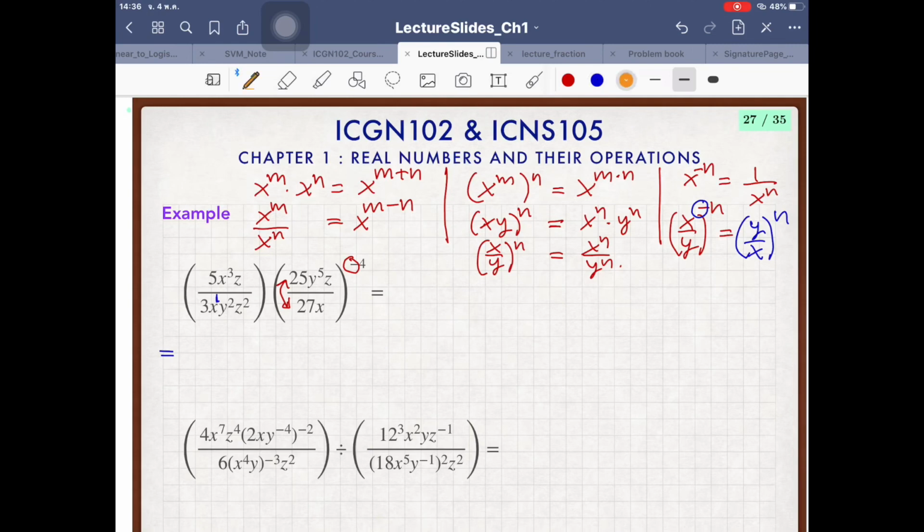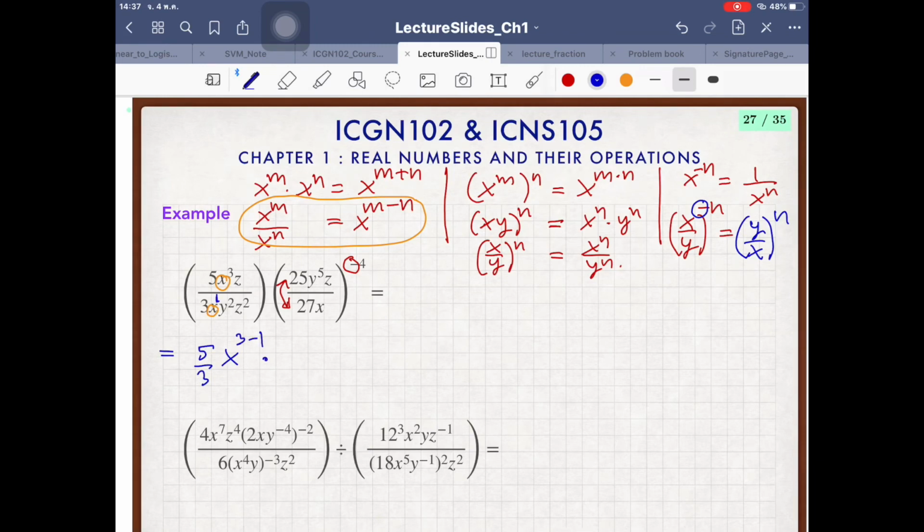In this case, you get the same base of x and x, so you can combine the powers together. But here, you need to do the subtraction between the two powers. So actually, you get 5 over 3 x to the power 3 minus 1.